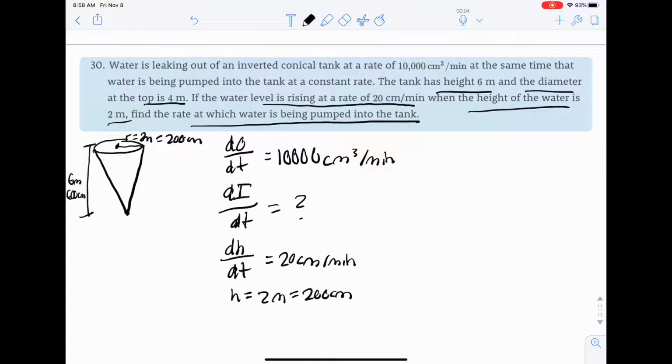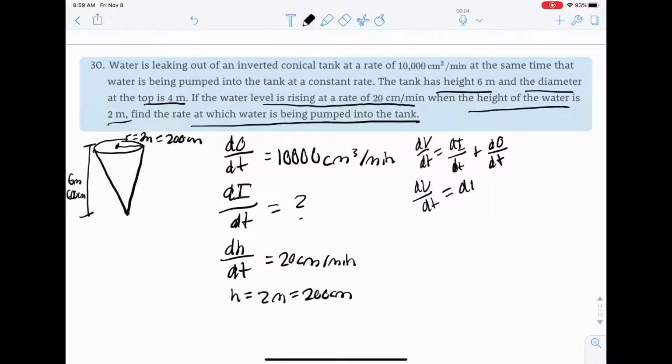So the total rate, or the rate of the volume changing in the tank, dV over dt, is going to be equal to the rate at which water is being pumped into the tank plus the rate at which water is being pumped out. So we're given the rate at which water is being pumped out.